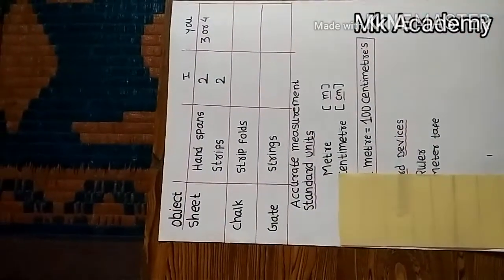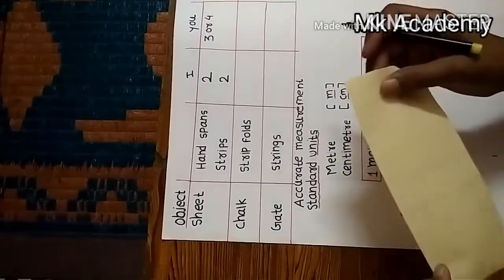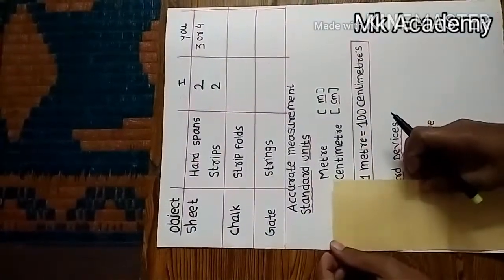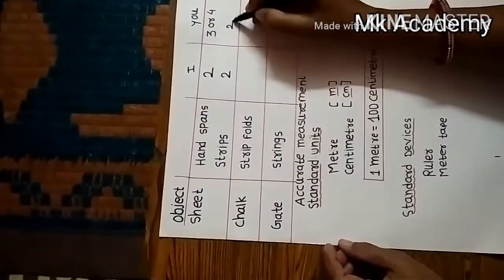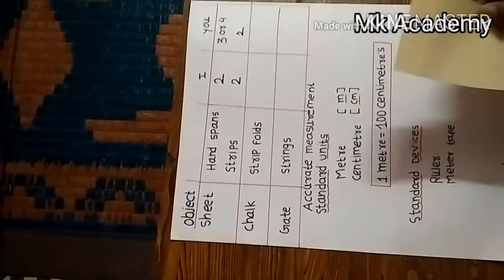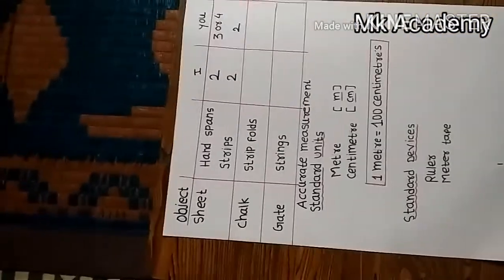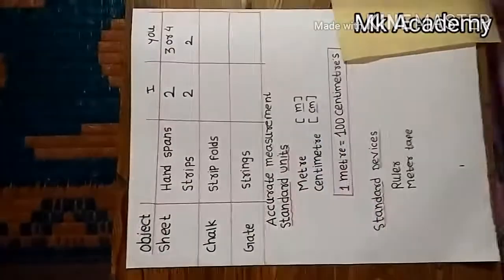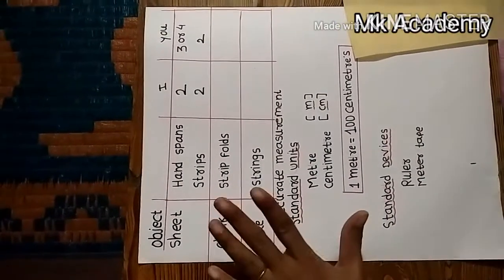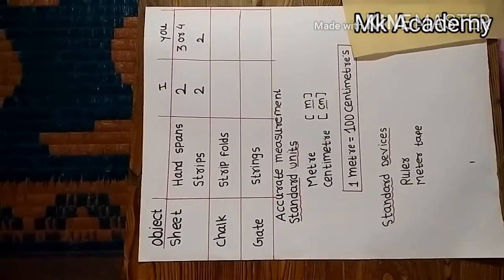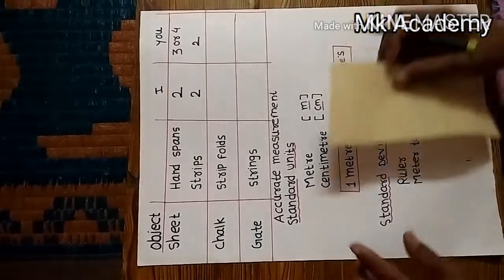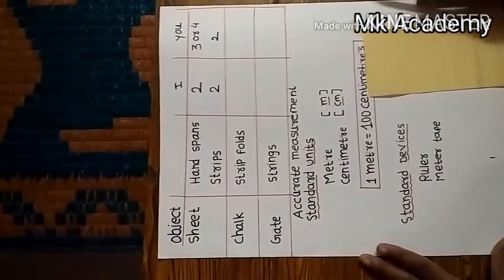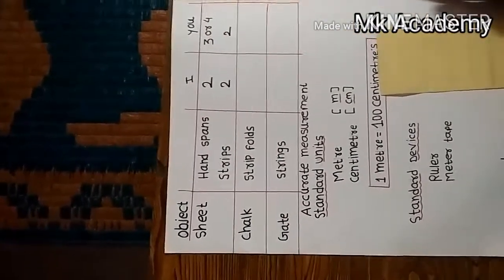If you measure the length of this sheet by using strip, it is also 2 strips, because the length of the strip is the same. In hand span, the length of my hand span and your hand span is different, but the length of the strip is the same. Therefore, if I measure with the strip and if you measure with the strip, it is the same.